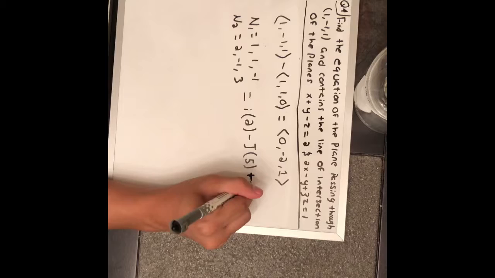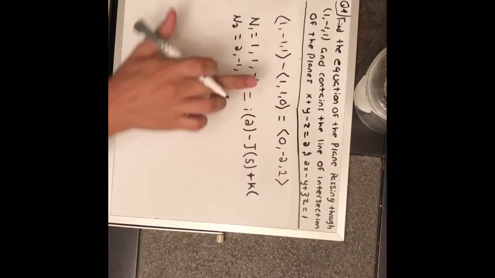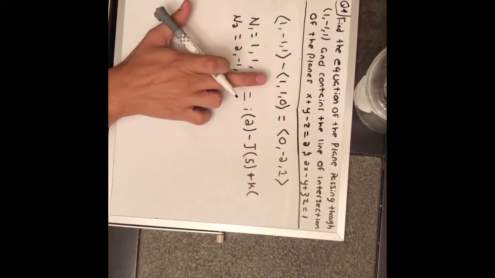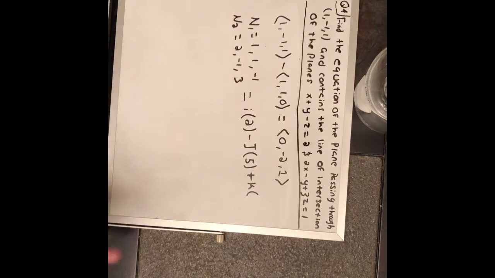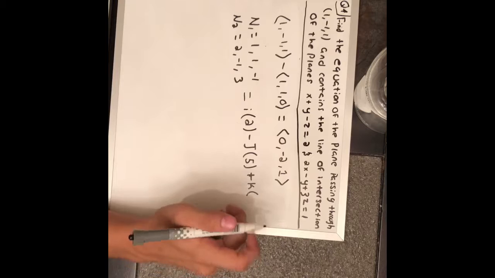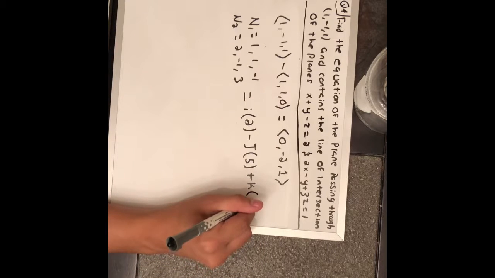And now plus k, which is 1 times -1, minus 1 times 2. So -1 - 2 gives us a negative 3.